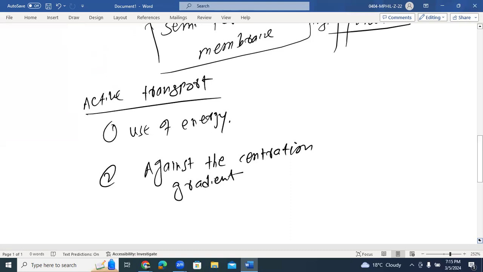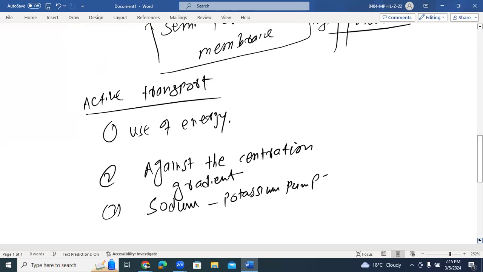You have another example of active transport: the sodium potassium pump.